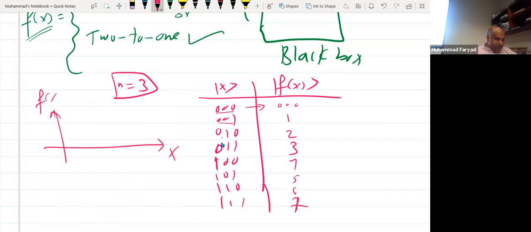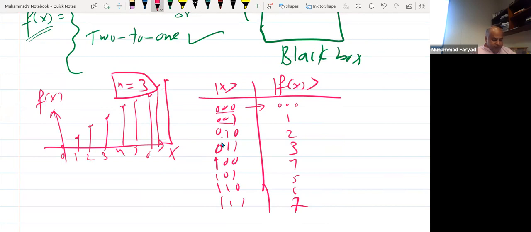So f of x is going to be like this. Actually, it's better if I draw these discrete lines: 0, 1, 2, 3, 4, 5, 6, 7.